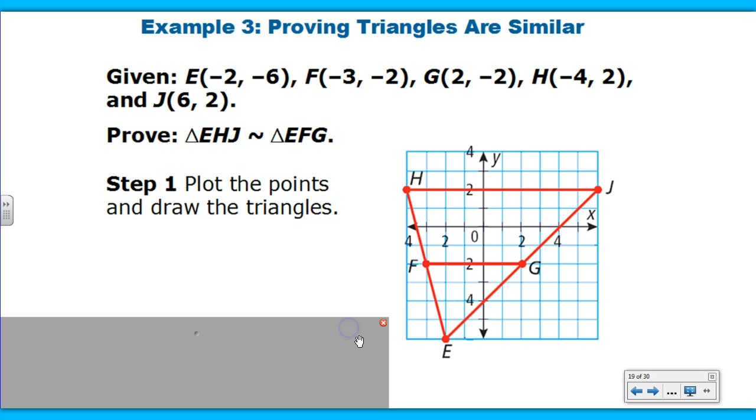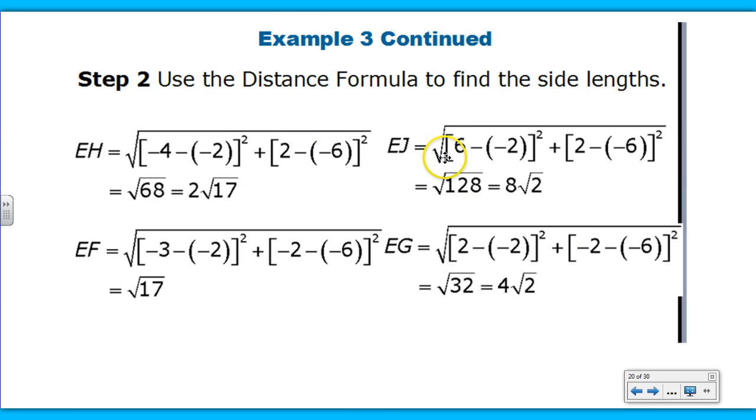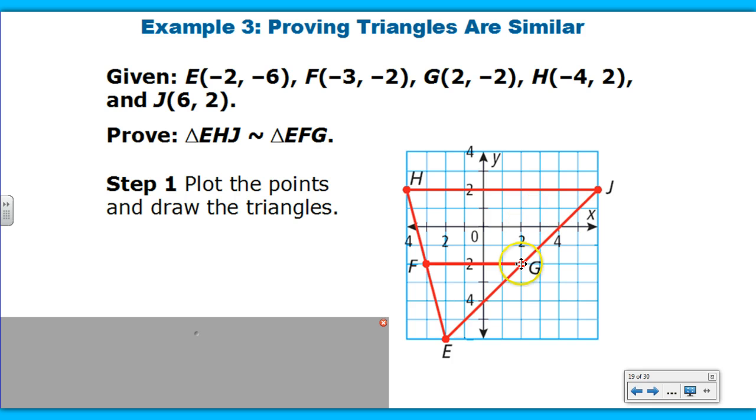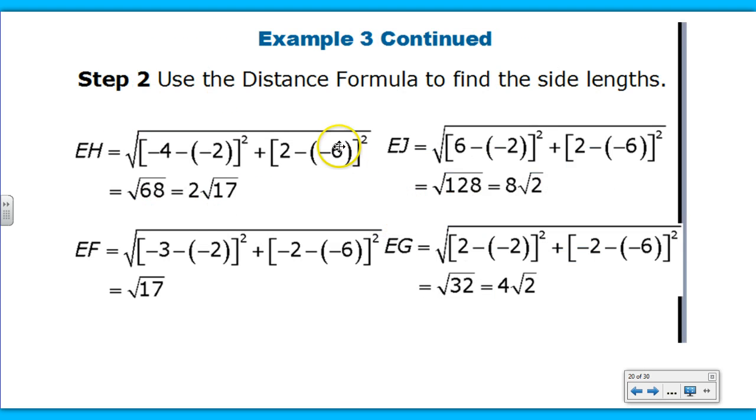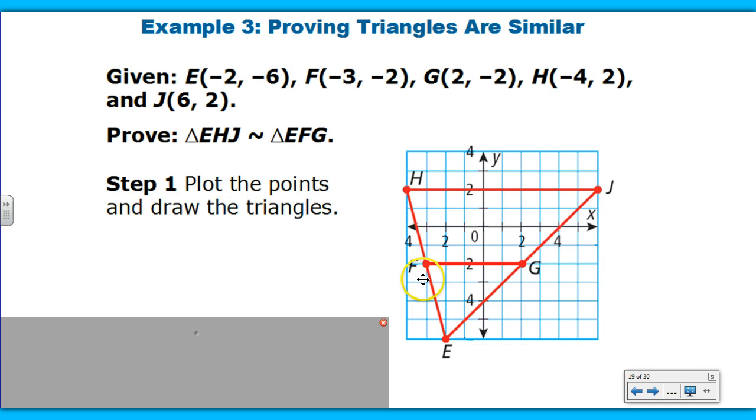As they state here, first you can plot them in a coordinate plane, and then we can use the distance formula to find the various sides. So we want to find EH, also EJ, which is this other side, and HJ.